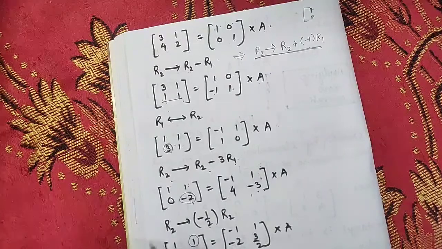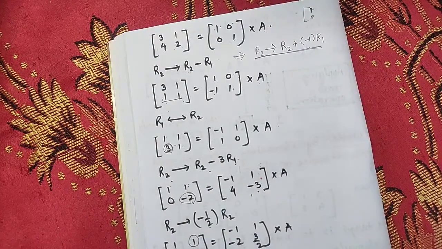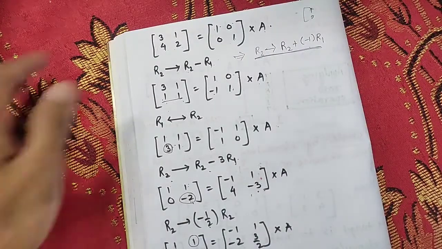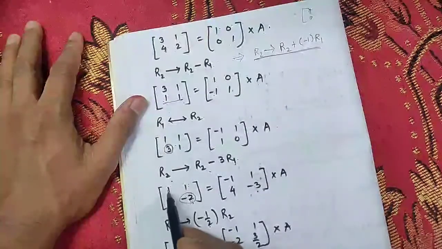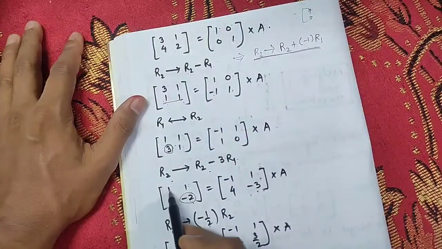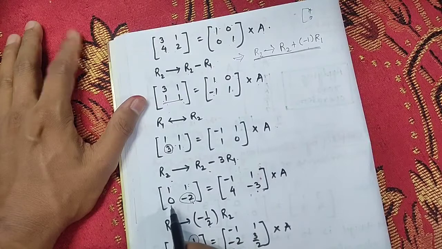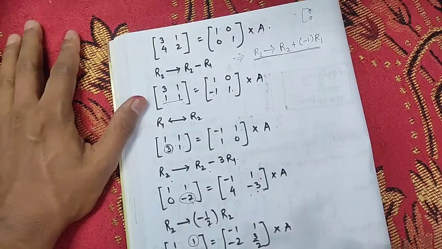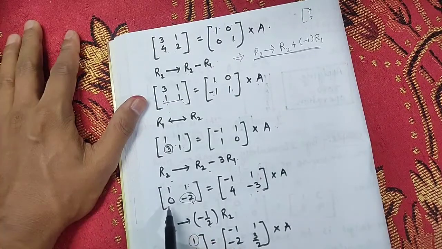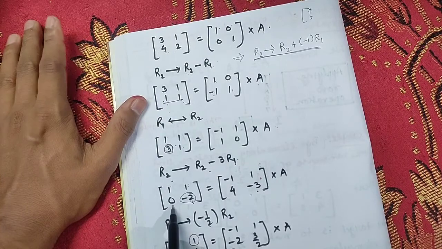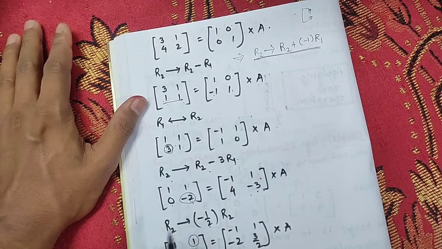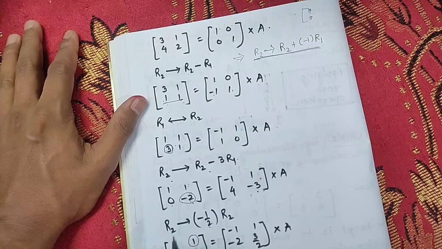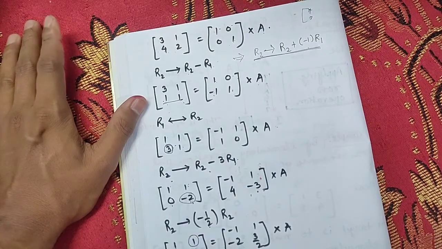And after first step you can do whatever you can change, but remember what you have already changed, that should not be changed again. Already you have made it 1 and 0. So choose that elementary operation in such a way that these two elements should not change.